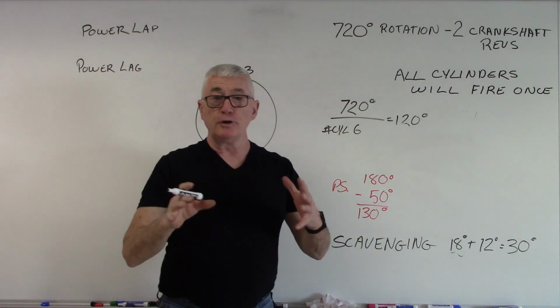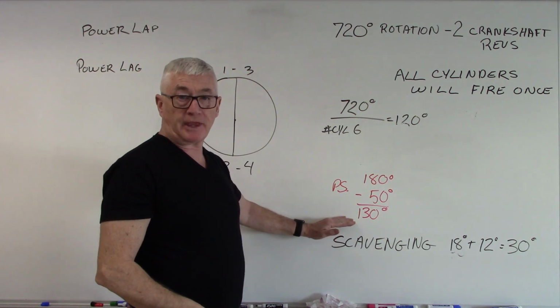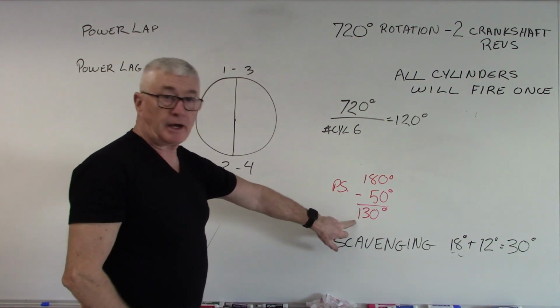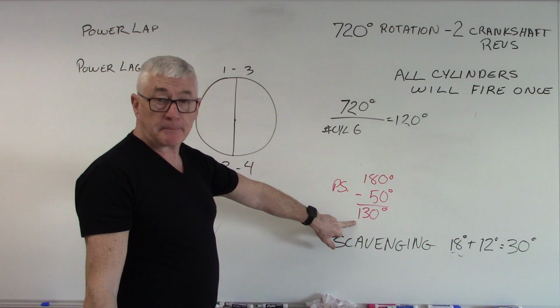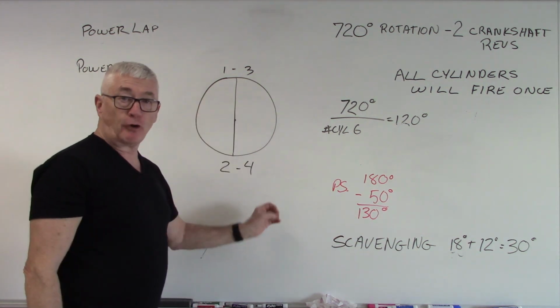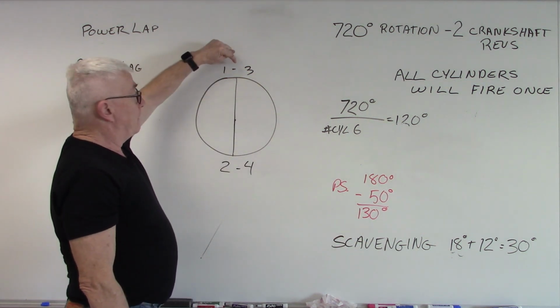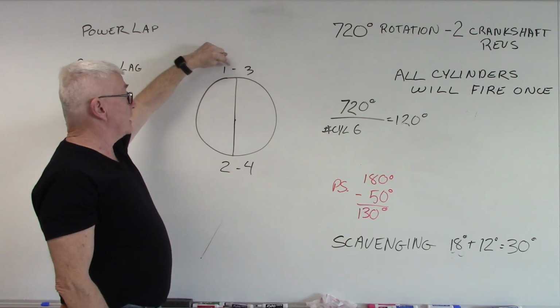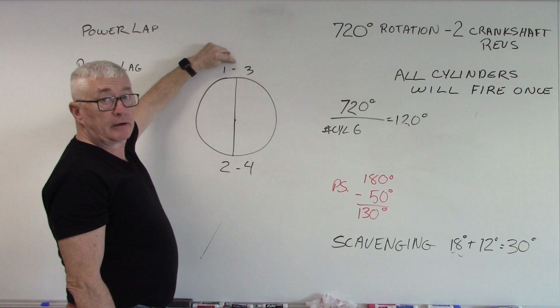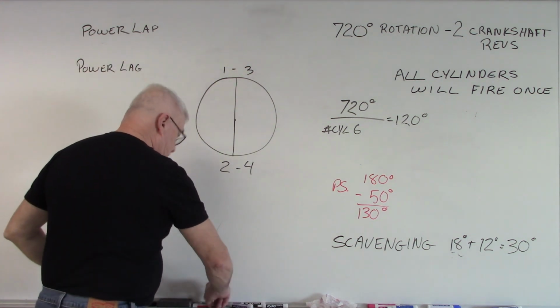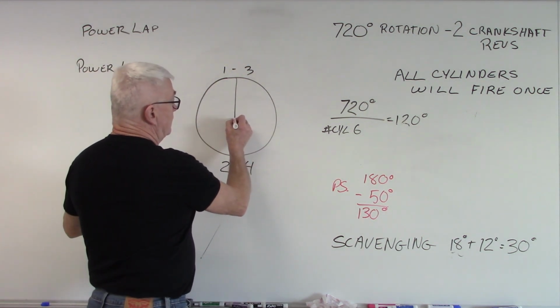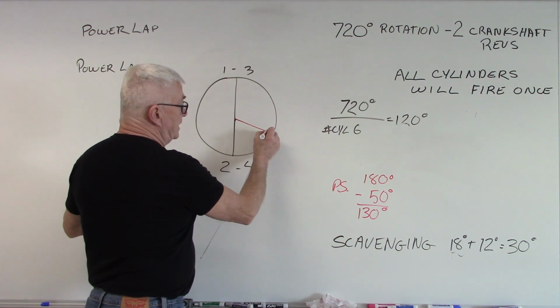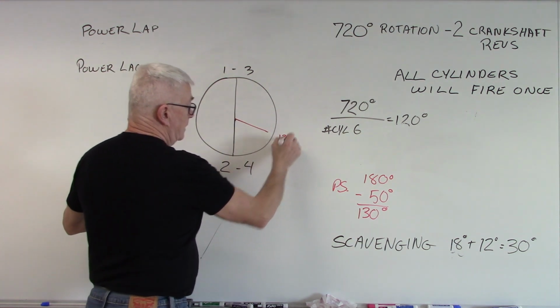So I'm going to keep using the same numbers we started with here. At 130 degrees is going to be the length of my power stroke. We're going to say this is a 4-cylinder engine. So my beginning of the firing for each cylinder is going to be, number 1 is going to fire here at top dead center. And we're going to go, as we said down here, 130 degrees again. Right?